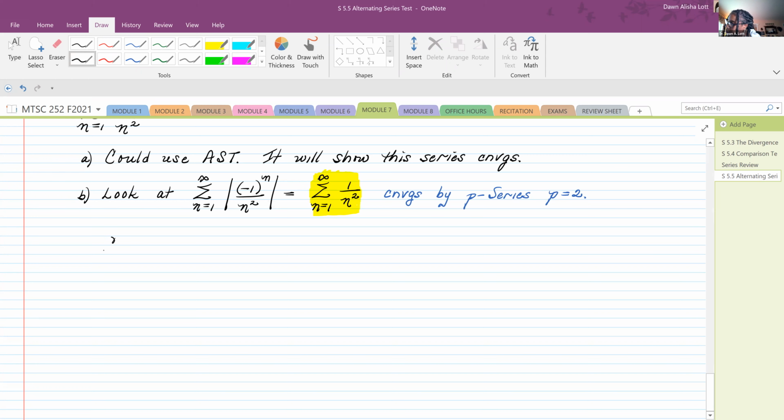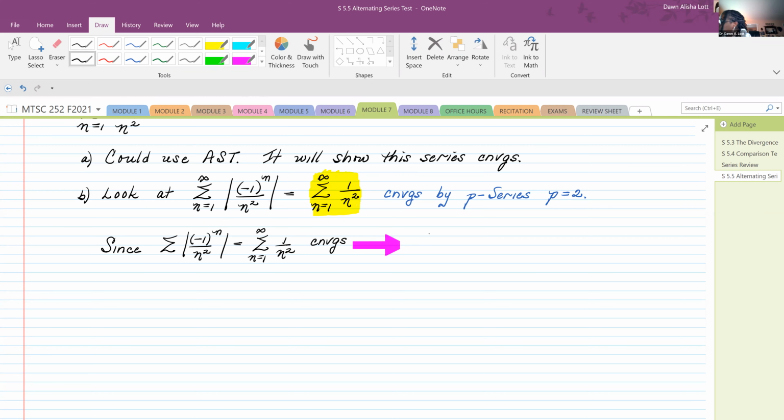Okay, so since the summation of the absolute value of minus 1 to the n over n squared, equal to the summation n equals 1 to infinity of 1 over n squared, converges, then that implies that the summation n equals 1 to infinity of minus 1 to the n over n squared converges absolutely.